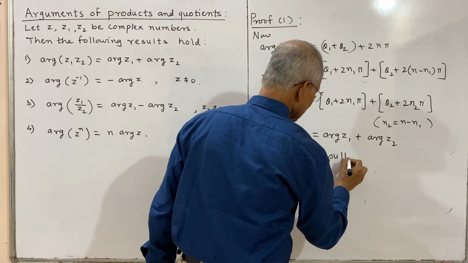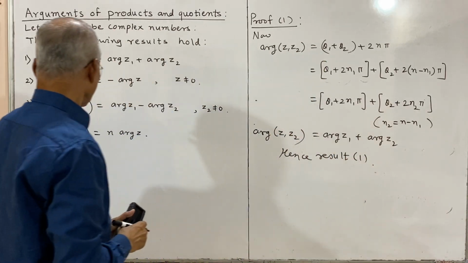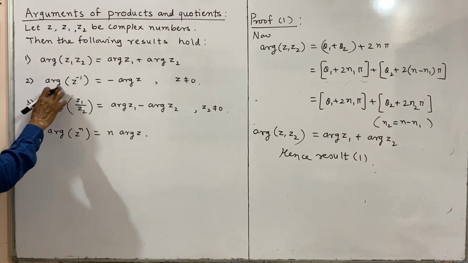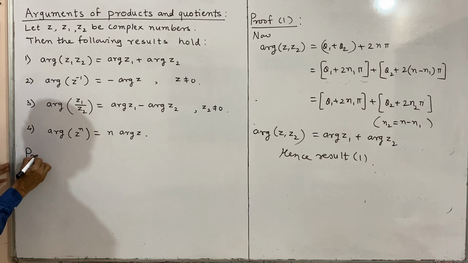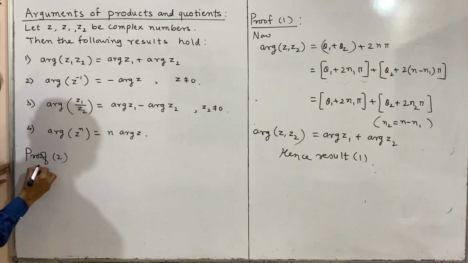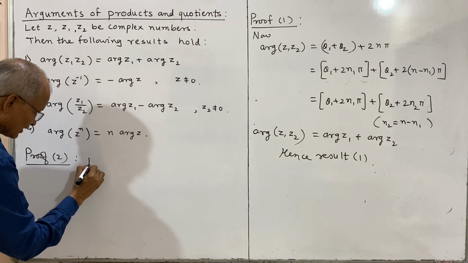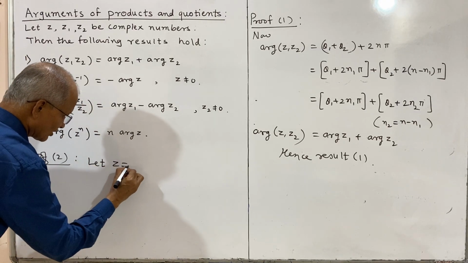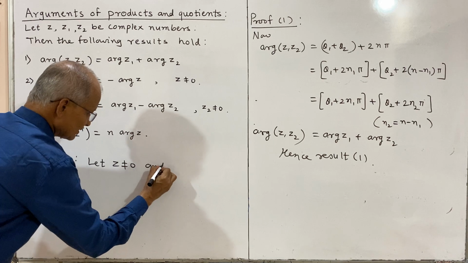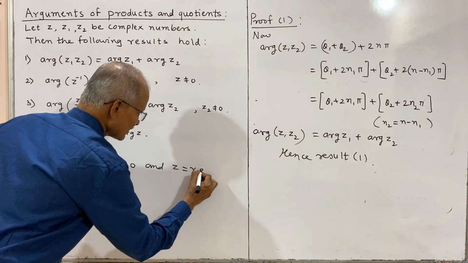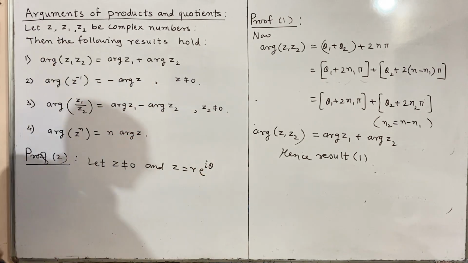Now we shall consider the proof for the second result. What is the second result? We shall write here, proof second. Let z be non-zero, z is not equal to 0, and z is equal to r e power i theta.